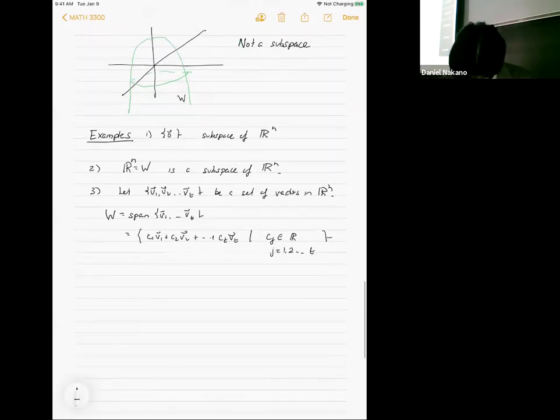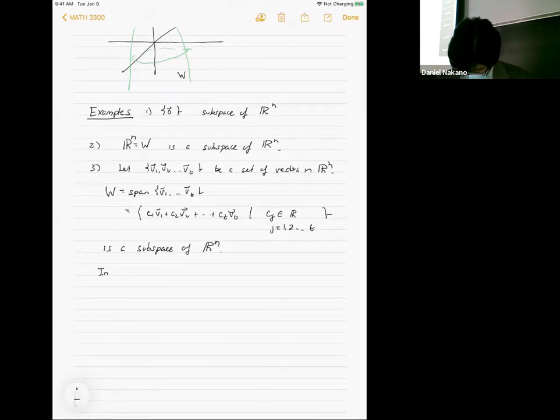So this is a subspace of Rn. Okay? And in fact, W, which is the span of V1 up to Vt, is actually the smallest subspace containing the vectors V1, V2, up to Vt.